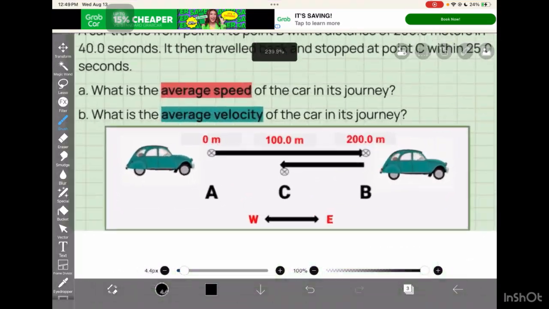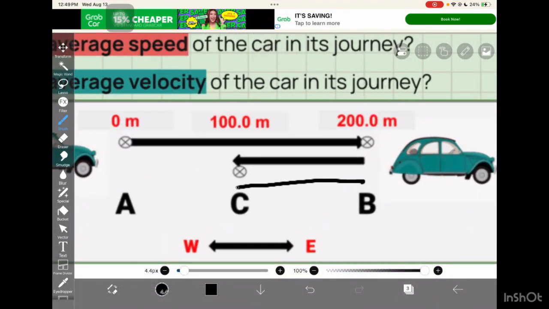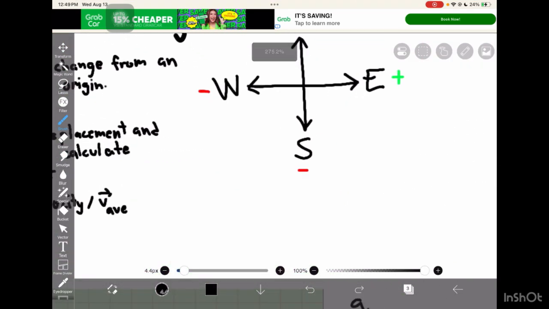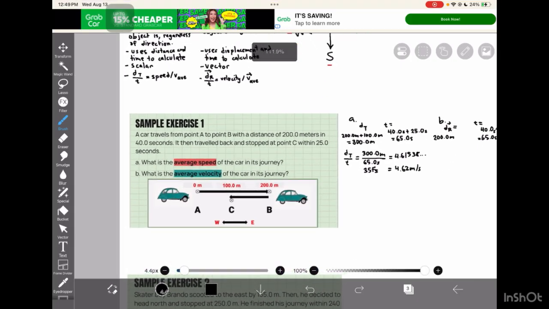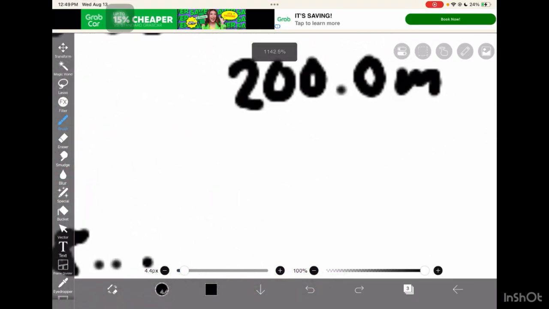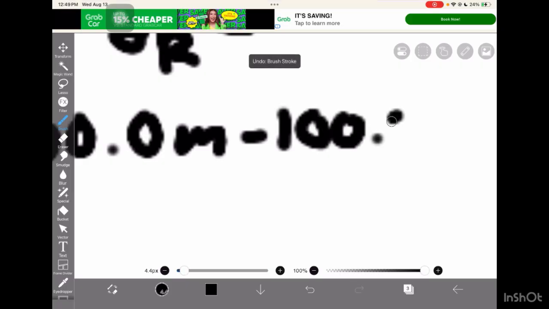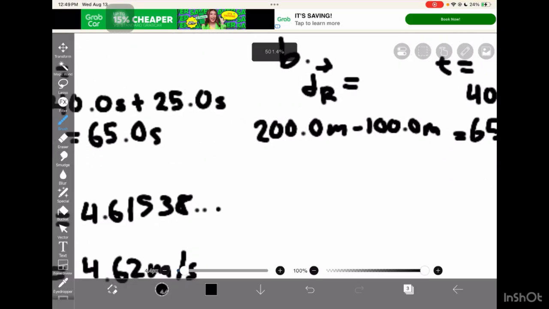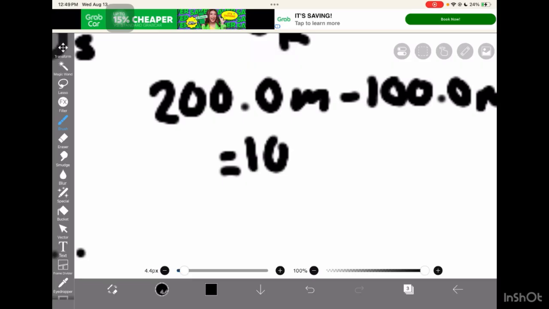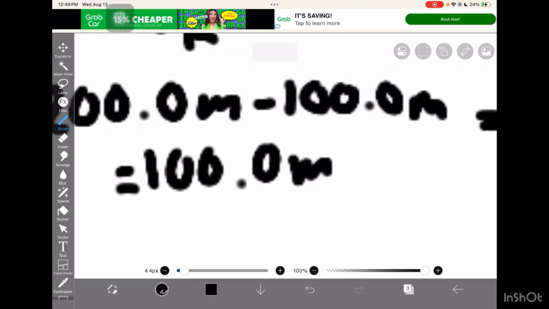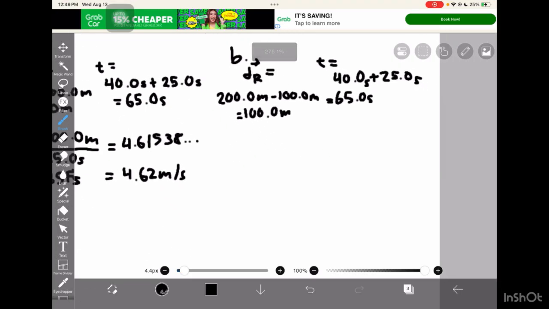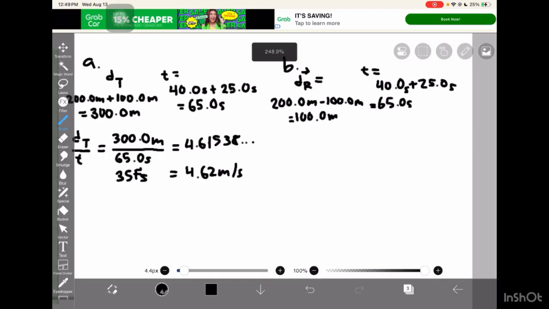We have 200 to 100, but that's going west, which over here is negative. So it's going to be minus 100.0 meters because it's going westward. That's equal to 100.0 meters.